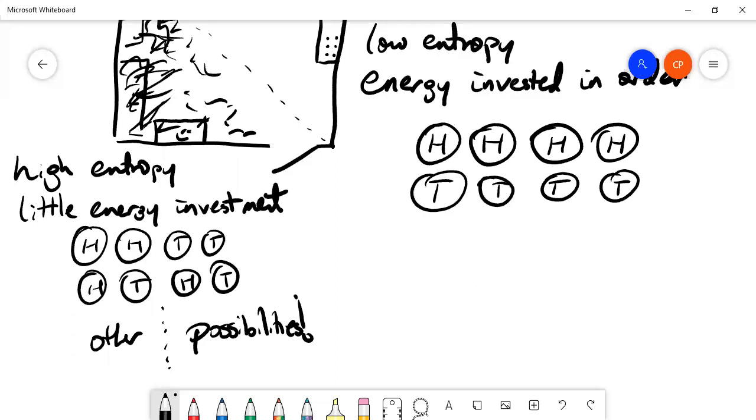It turns out that the system of heads and tails in a system of 4 coins is a wonderful, simple approximation for what a real molecular system is like. And it's worthwhile to spend a little bit of time to think about how that system behaves, and to do computation on how this system behaves.